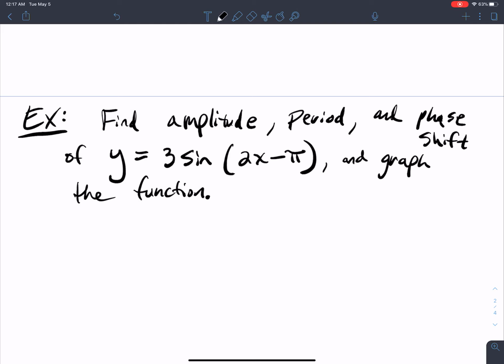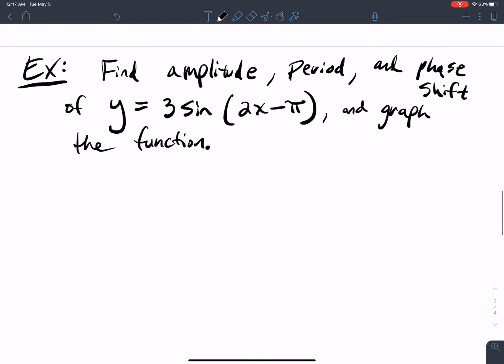Now, we use the same steps that we just described. So how do we do this first? Well, we need to get it in the form. What is our form here? When we look in here, we have omega x minus phi.